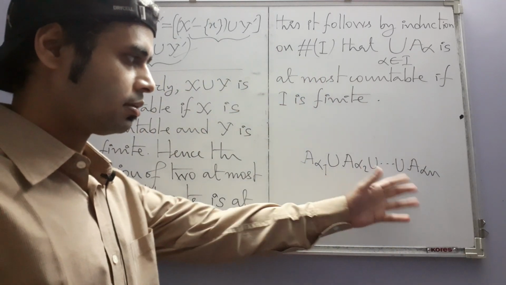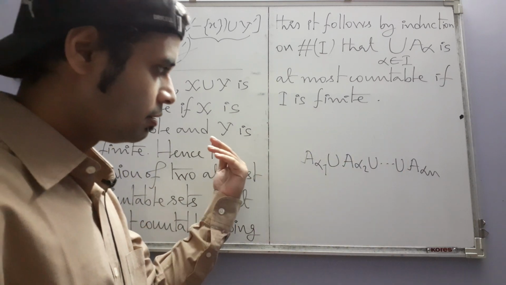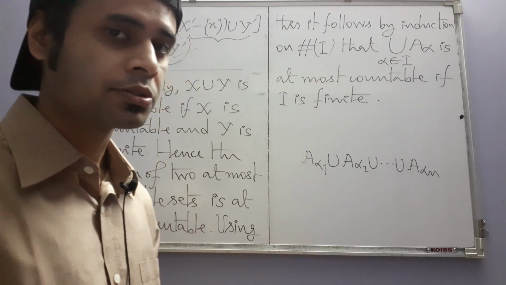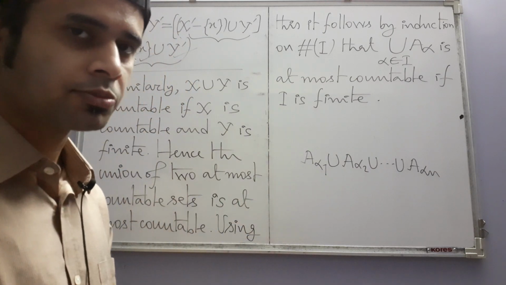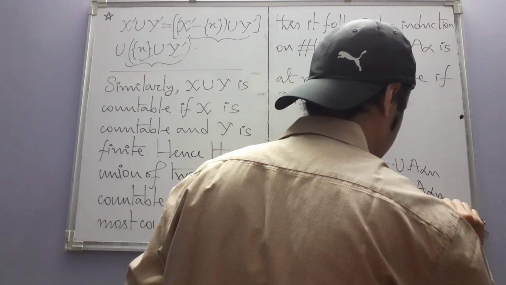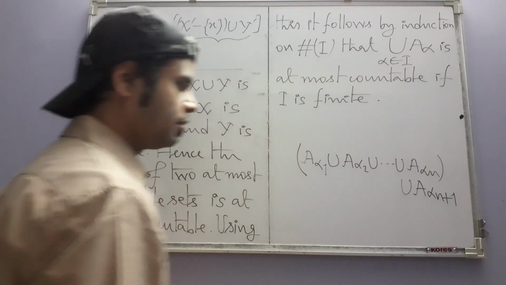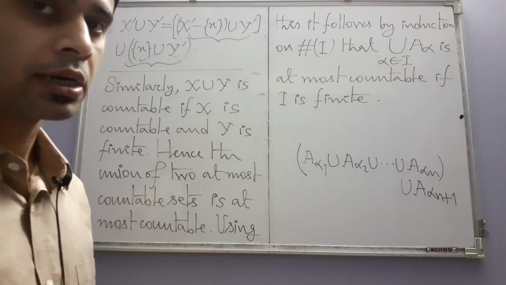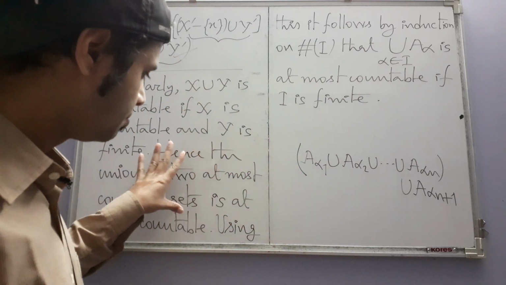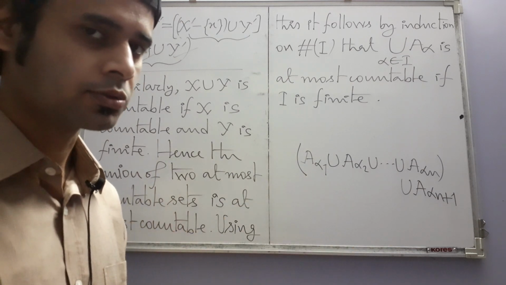Then if you take another at most countable set, then your union will have n plus 1 sets. That will also be at most countable, because in that union this part will be at most countable by your induction hypothesis, and you have already proved here that the union of two at most countable sets is at most countable.